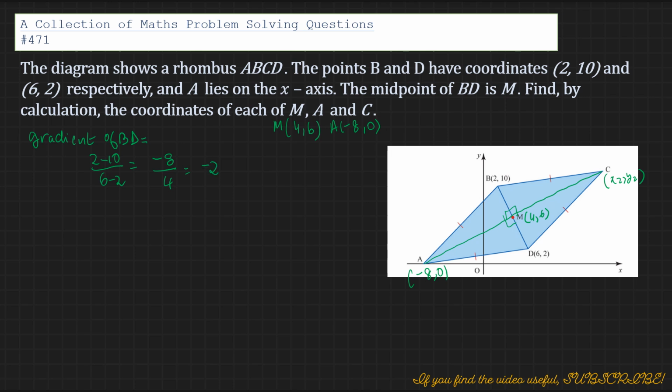So the gradient of BD is minus 2. So the gradient of AC would be half, because AC is perpendicular to BD, and the product of gradients is minus 1.